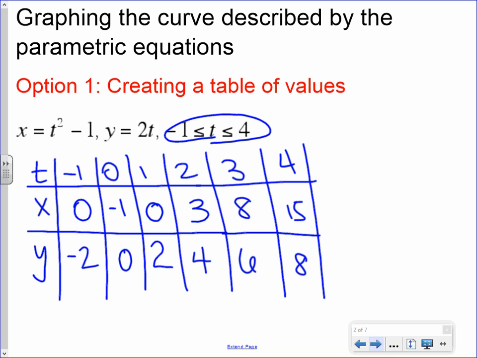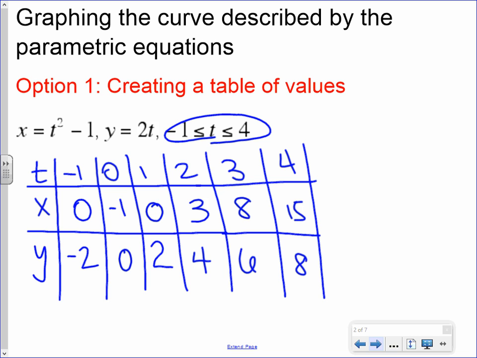Okay. So when we go to create this graph, we create this graph based on our t values, and we go from the smallest t to the largest t.